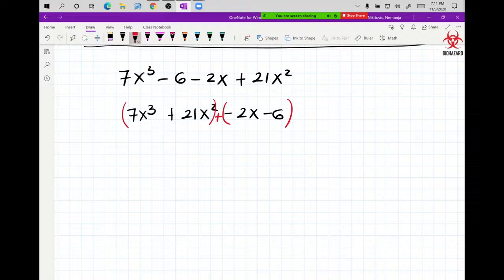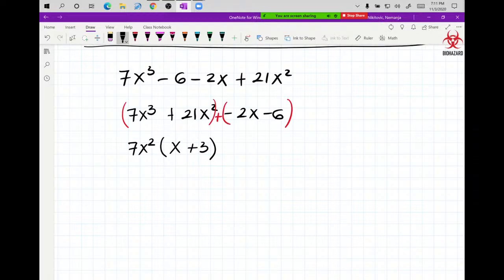All right, so what do we kick out from the first parenthesis? 7x squared is correct. Excellent. Now, what are the leftovers? x plus 3. Excellent.